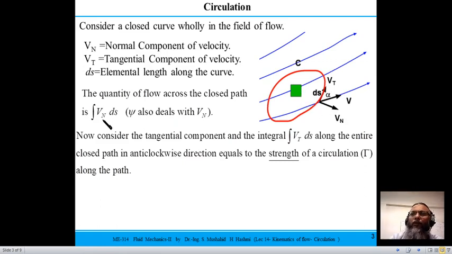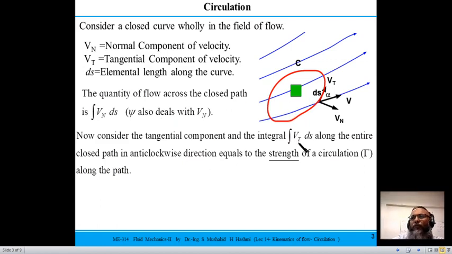Here we are not calculating the area flux, but a line integral over this differential length, whereas the normal velocity is the idea that is important in dealing with stream functions.